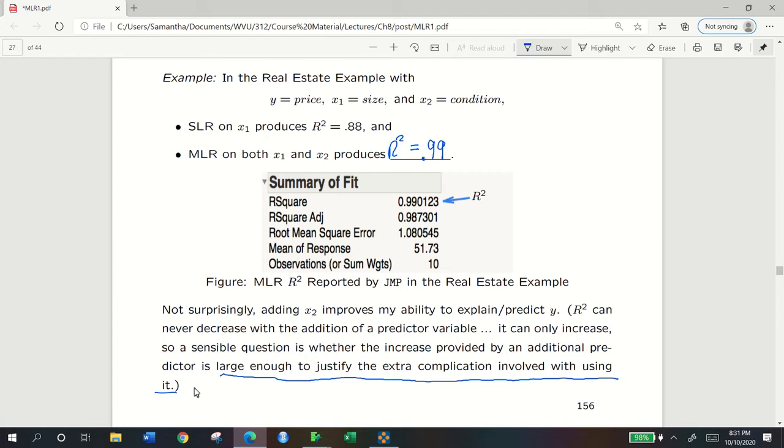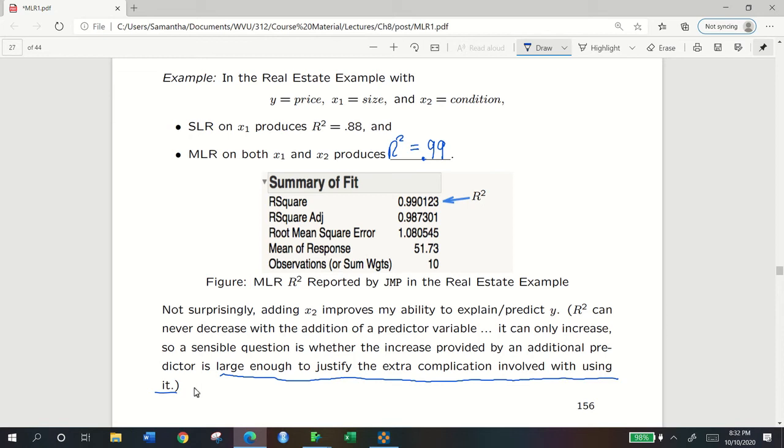What I mean by that is, for the SLR model, our R squared was 0.88. If we had added in an additional predictor, say album sales of Taylor Swift's latest album, logically, that doesn't have much to do with the selling prices of houses, unless it's Taylor Swift's house.